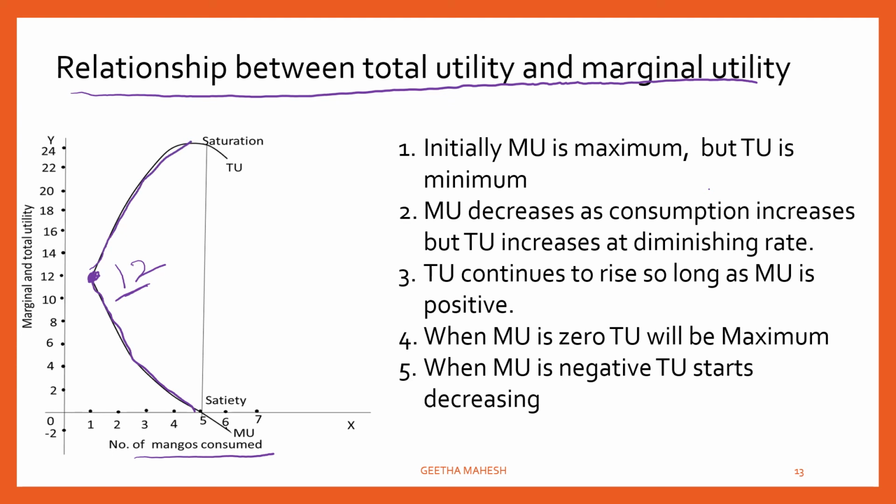Total utility continues to rise till the marginal utility is positive. Till the fifth unit, total utility will be increasing because till the fifth unit, marginal utility will be positive. When marginal utility is 0, total utility will be at its maximum. When marginal utility becomes negative, total utility starts decreasing.